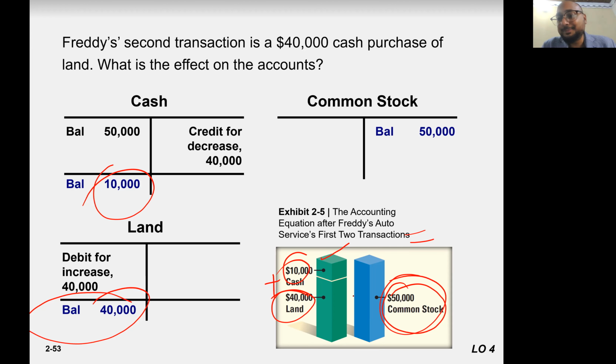The equation is balanced. So not only does the double entry system also follow the accounting equation, but it is more meaningful because it tells you each and every detail, which account is hit by which side. So it is a more detailed system, right?